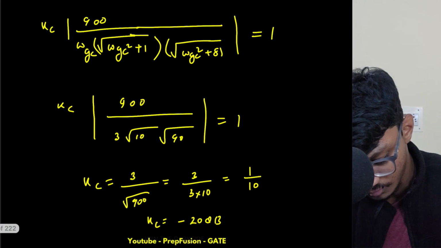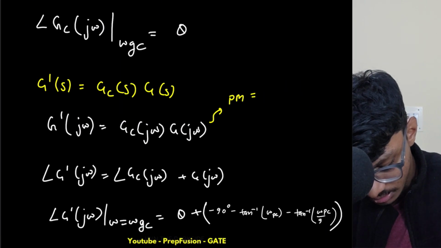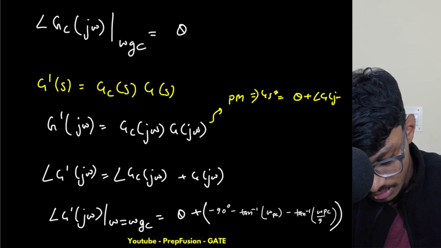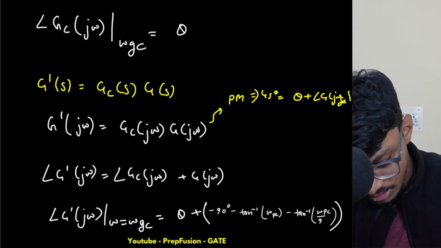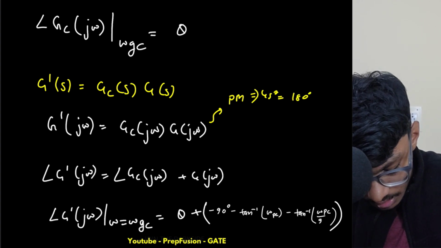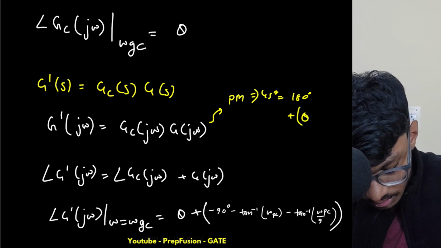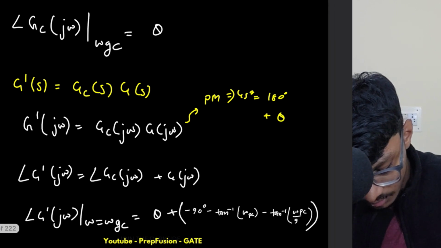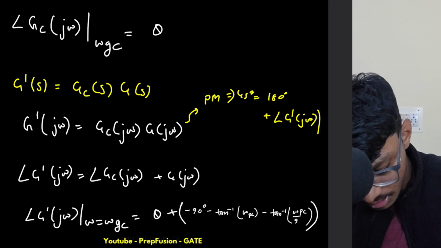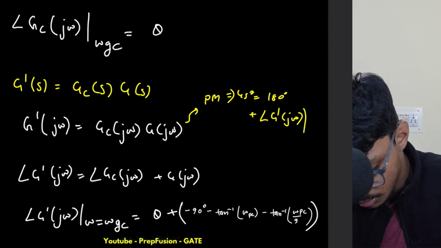So if the phase margin is plus 45, that means 180 plus the angle of g dash of j omega at omega equals omega gc.